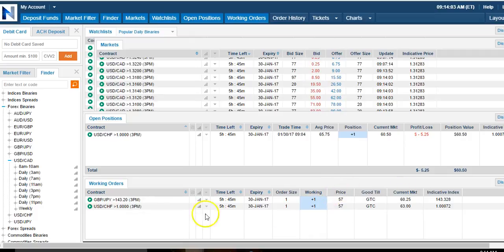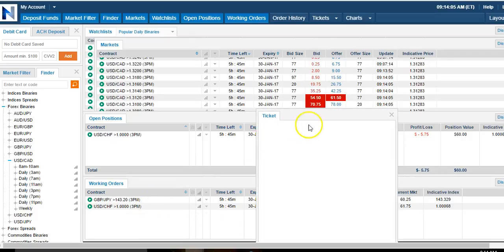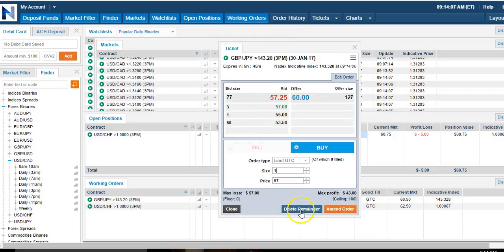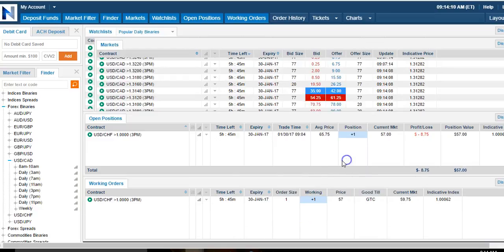Again, that wasn't a real trade, so I can go ahead and delete that trade. And you see now that I just have the one working order, the one that I placed right away for the king signal, and we'll see if we get filled on the 57 for this particular contract.